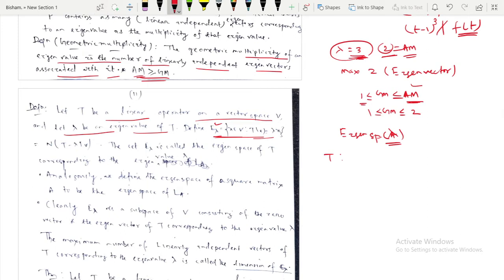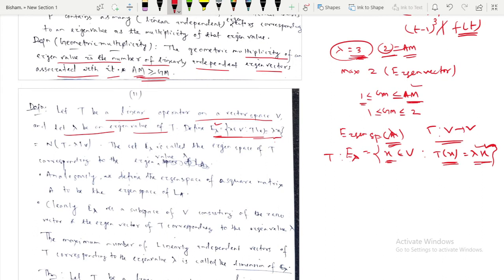So what will be the eigenspace of lambda? The definition says: T is a transformation from V to V. Then the eigenspace associated with the eigenvalue lambda is those x belonging to V such that T of x is equal to lambda x. You know that if lambda is an eigenvalue, then Tx equals lambda x. These x are the eigenvectors. That means E lambda contains all those vectors x which satisfy Tx equal to lambda x.